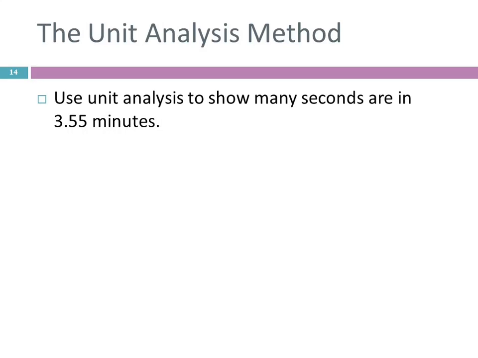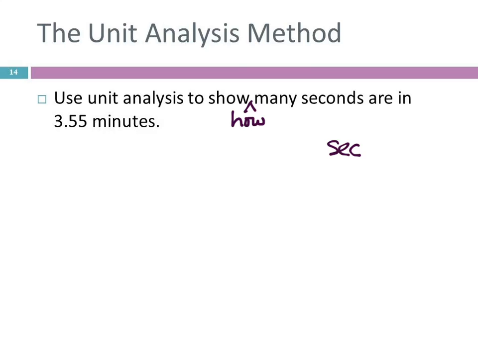Use unit analysis to show how many seconds are in 3.55 minutes. So what unit do they want us to find? Seconds. The question says show many. Fabulous. First typo here. Show how many, I have to fix that. How many seconds? So seconds is what we're going for.